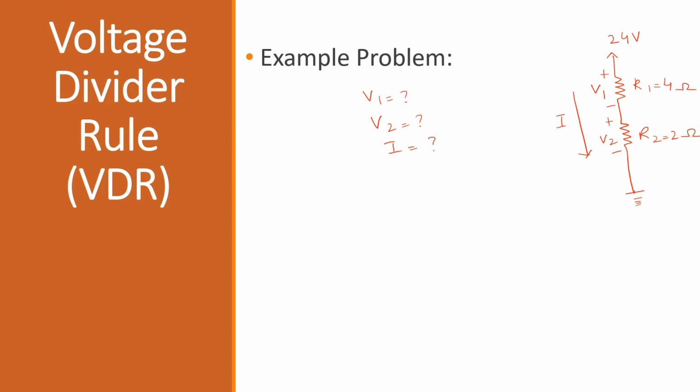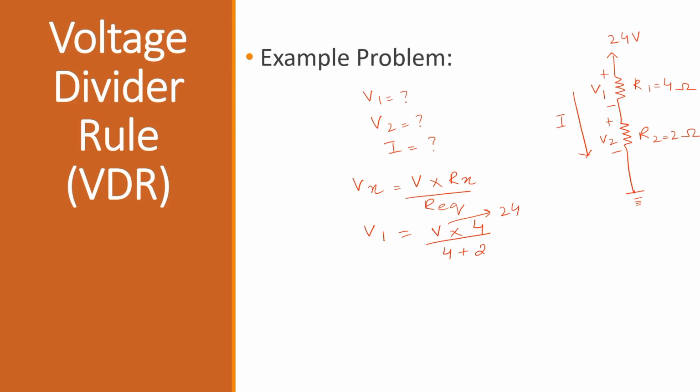We know that Vx is equal to V multiplied by Rx divided by R equivalent. For V1, the above equation will become V multiplied by 4 divided by 4 plus 2. Here V is 24 volts.